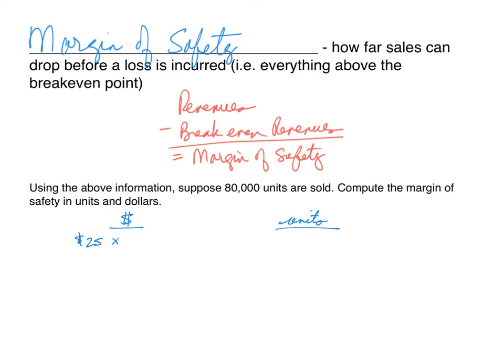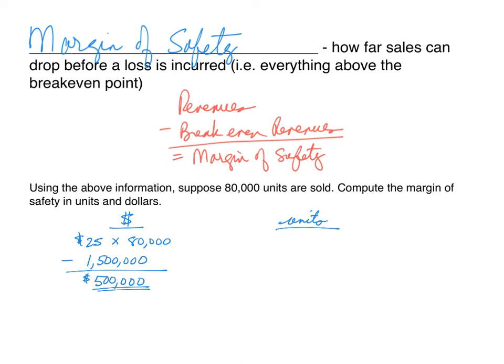So if we're selling 80,000 units, that would give us our normal revenues, and we know that our break-even in revenues from the prior screen was $1.5 million. So once you calculate this $25 times 80,000 units, you find that to be $2 million, and we subtract that and we end up with a margin of safety of $500,000. So again, this means that our sales can drop by $500,000 before we begin to incur a loss.